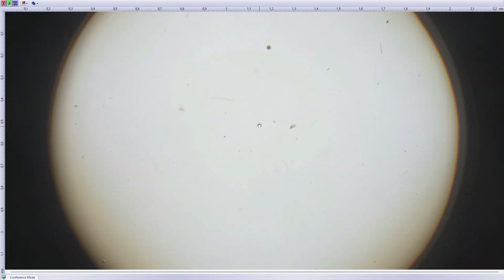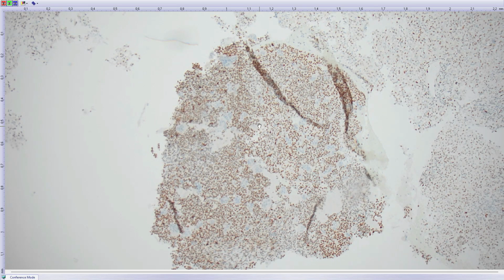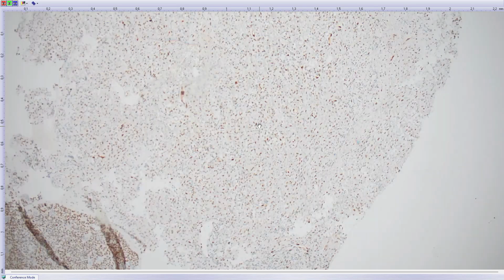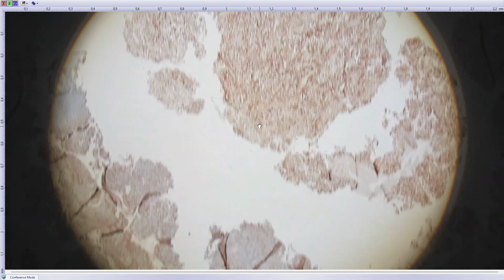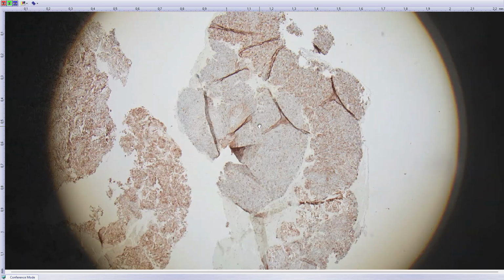Another marker that tends to be positive in phosphaturic mesenchymal tumors is ERG, which is typically used as a vascular marker, but it's also a marker of chondrogenic differentiation, and it was beautifully positive in the nuclei of the tumor cells. So ERG is positive, and another marker that was found to be positive in phosphaturic mesenchymal tumors is somatostatin receptor 2, which is here as well.